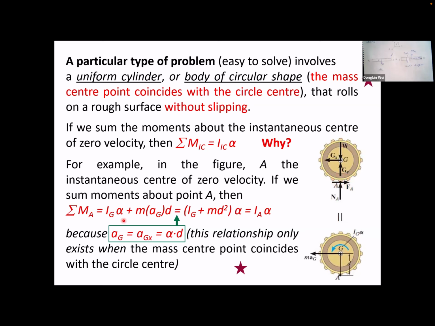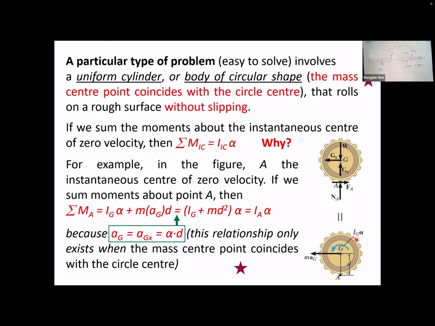We will have two items on the right side in this equation for kinetic moment. Look at this kinetic diagram. Here we have AG and we have alpha. If we calculate a kinetic moment about point A, we have two items.